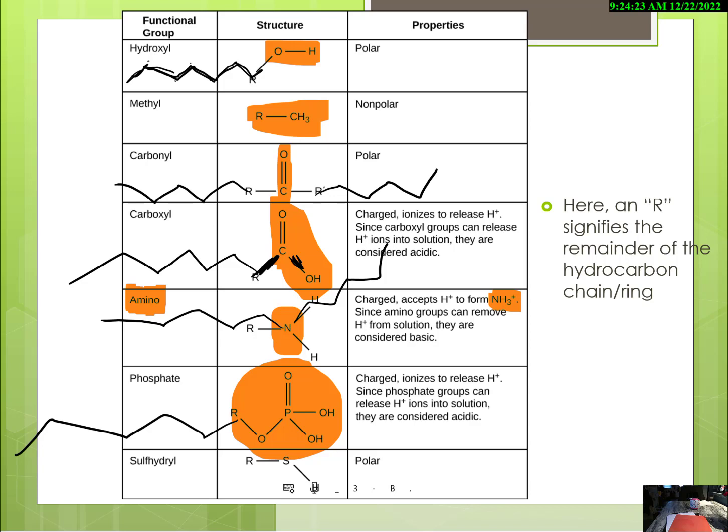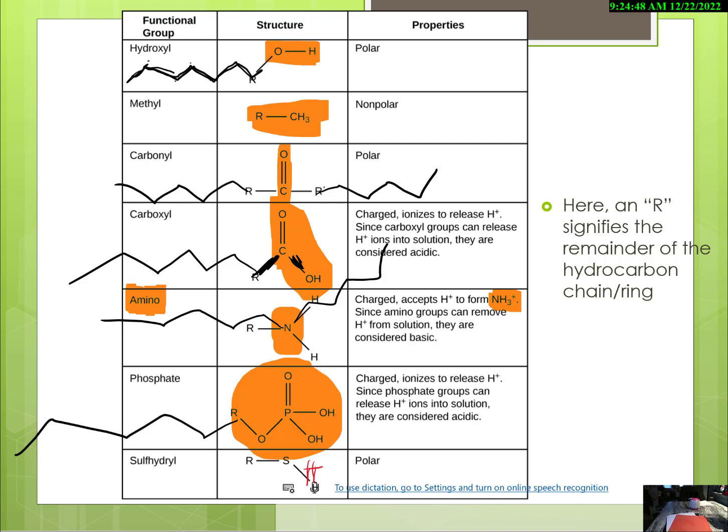We can also introduce a sulfur group, and you can't see this very well because something's in the way, but there's a hydrogen down here. I'll write it in red. Hydrogen right there. And so it looks actually and behaves a lot like an alcohol up top.